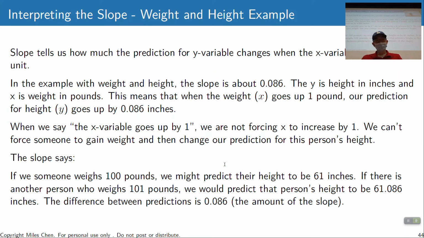Okay. So how do we interpret this? Once we have the slope and the intercept, we can try to make meaning from it. The slope tells us how much our prediction for y changes based on x. If we bumped up x by 1, how much does our prediction for y go up?